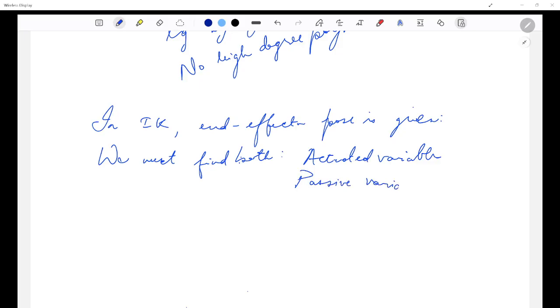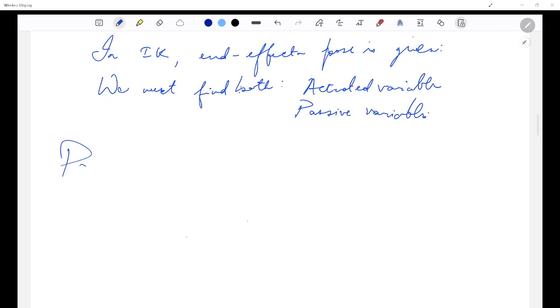We have to find both. The passive joints in this case must still satisfy loop geometry.